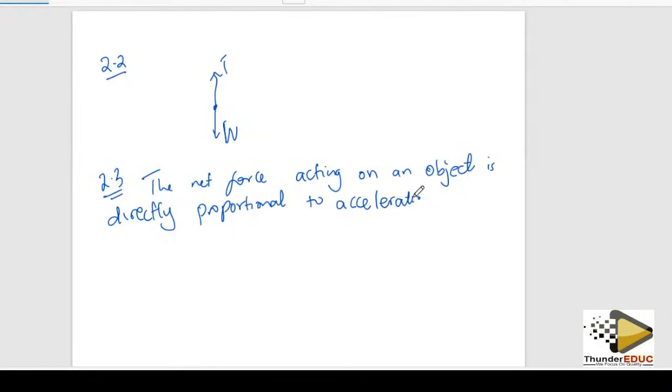The net force is directly proportional to the acceleration and inversely proportional.